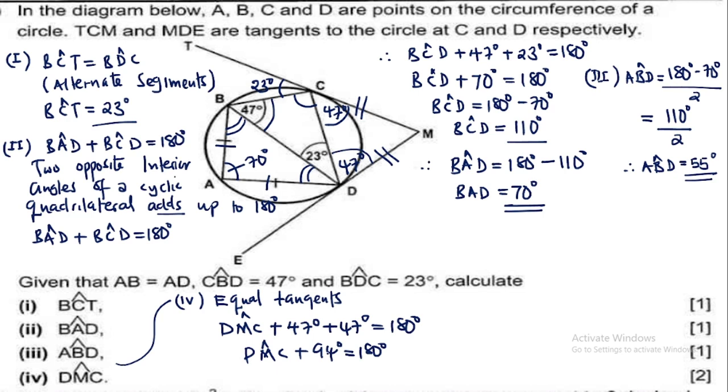When the 94 crosses the equal sign, DMC is equal to 180 degrees minus 94 degrees. So angle DMC will be equal to 86 degrees.